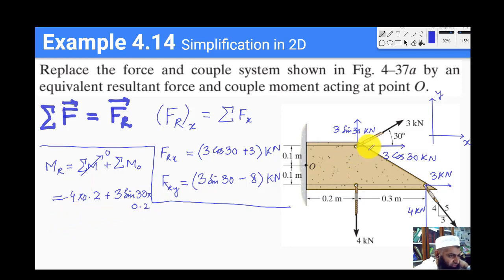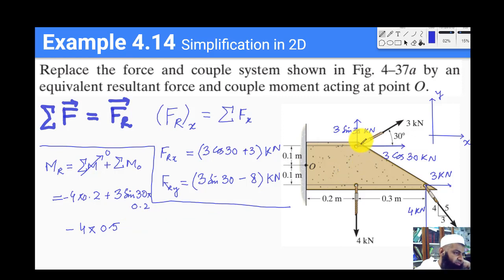Then we get the term for the x components, so maybe just write the y components first. This is also producing a clockwise moment, so we get minus 4, and the perpendicular distance for this force is 0.2 plus 0.3, which is 0.5. And then we write the moments due to the x components.